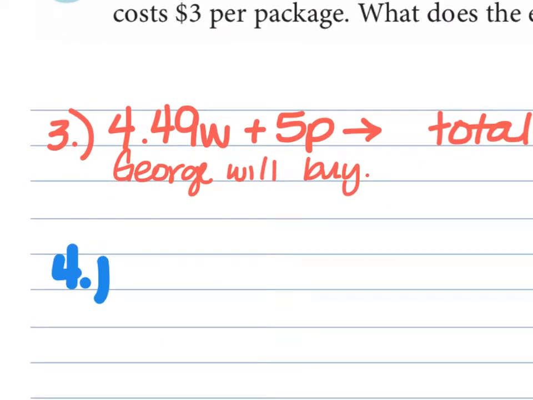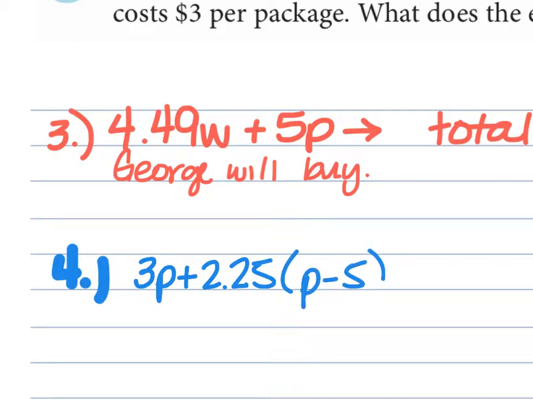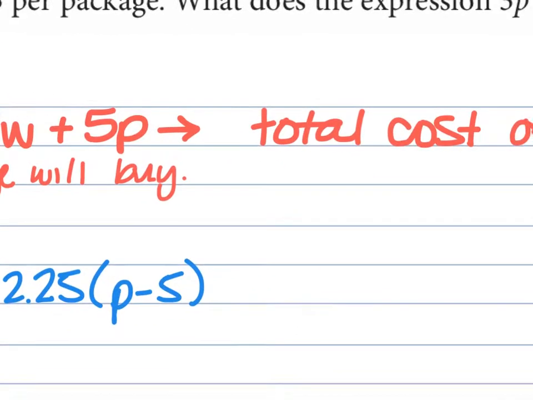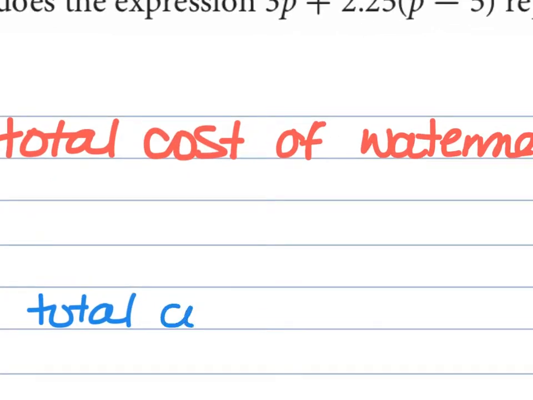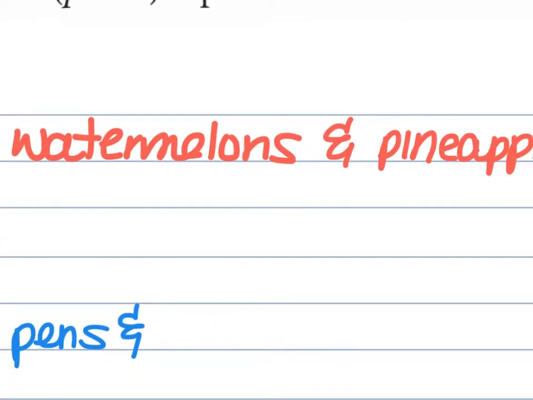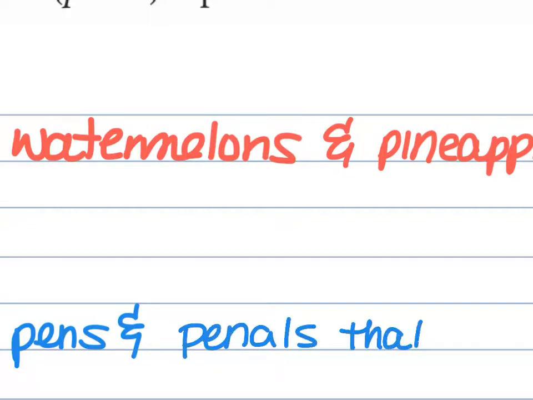So we have that expression 3P plus 2.25 times P minus 5. This actually represents the total cost of pens and pencils that Sandy will buy.